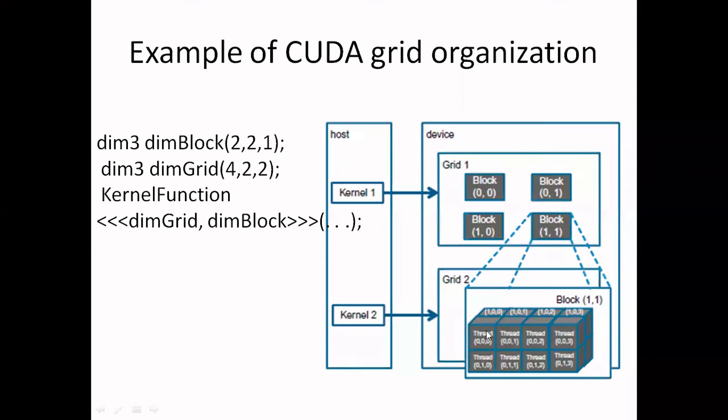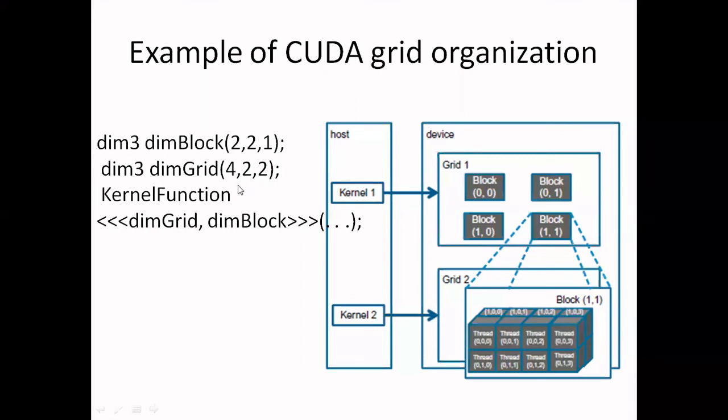Each block should have 4 in the x dimension, 2 in the y dimension, and 2 in the z dimension. So here you have to exchange it. It is wrong here. It should be dim grid of 2, 2 and dim block of 4, 2, 2.